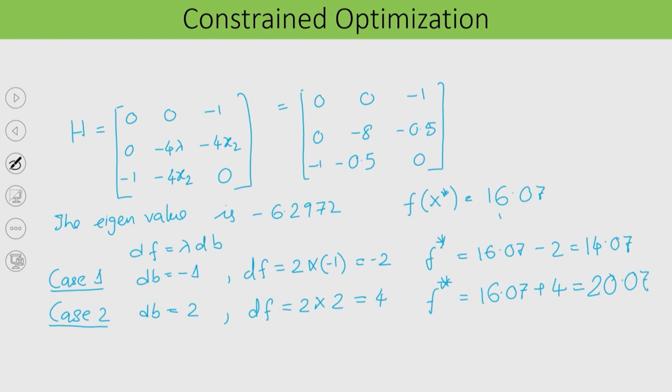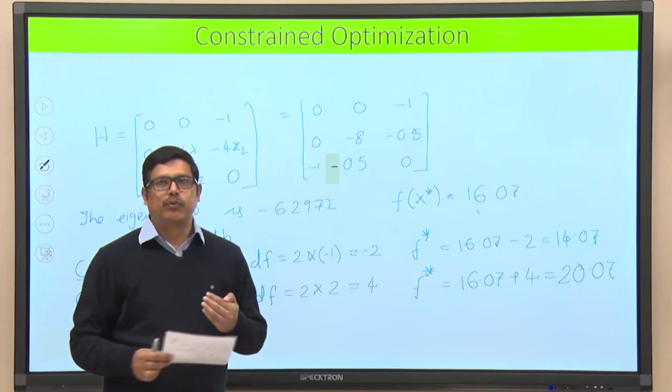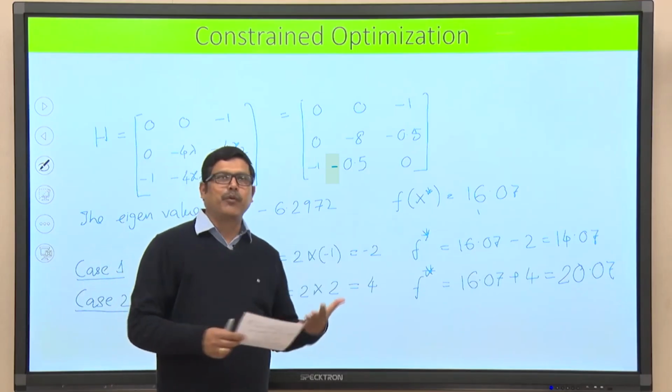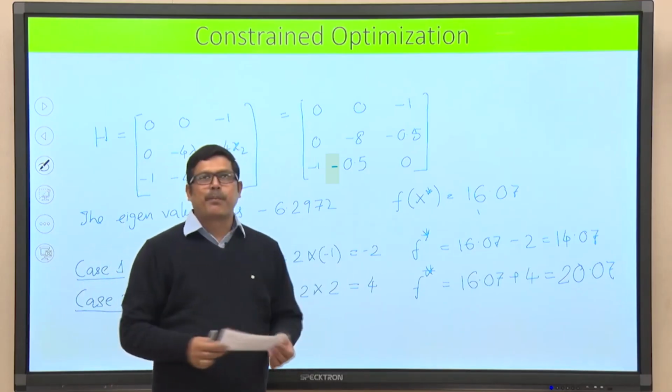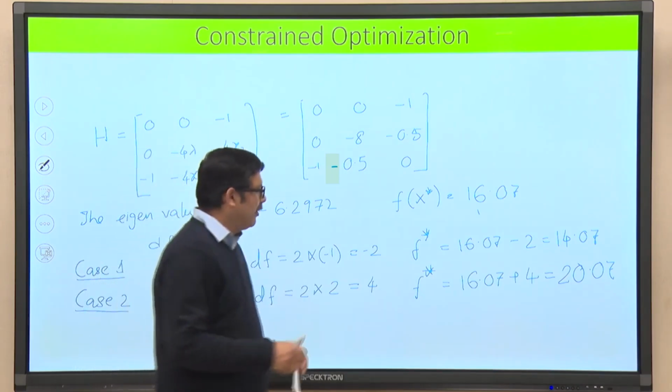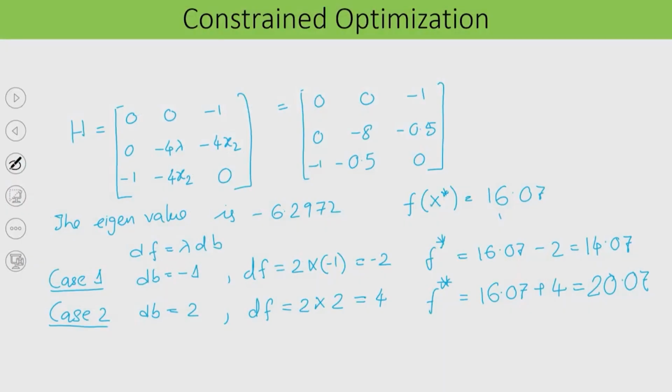As lambda is positive, if you relax the constraint, the objective function value will improve. So if you relax it by 2 units, the corresponding improvement in the objective function value will be 4 units, and the new value is 20.07.